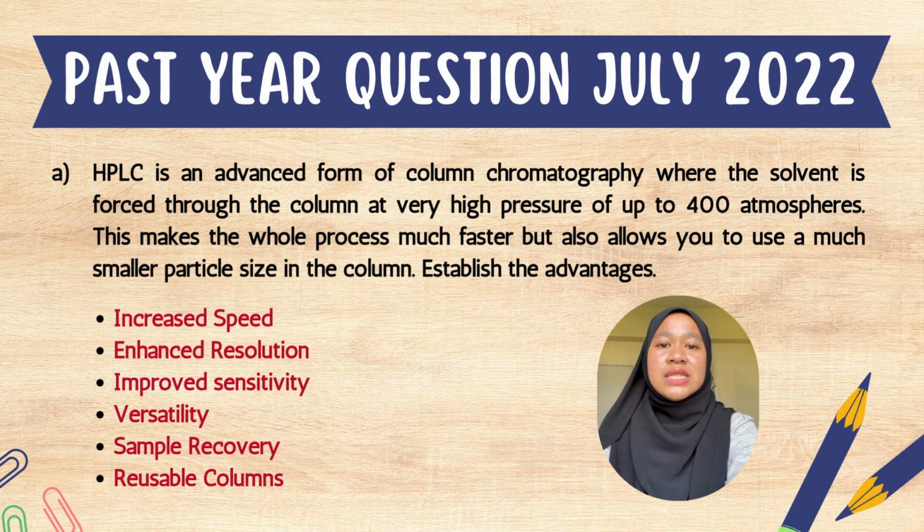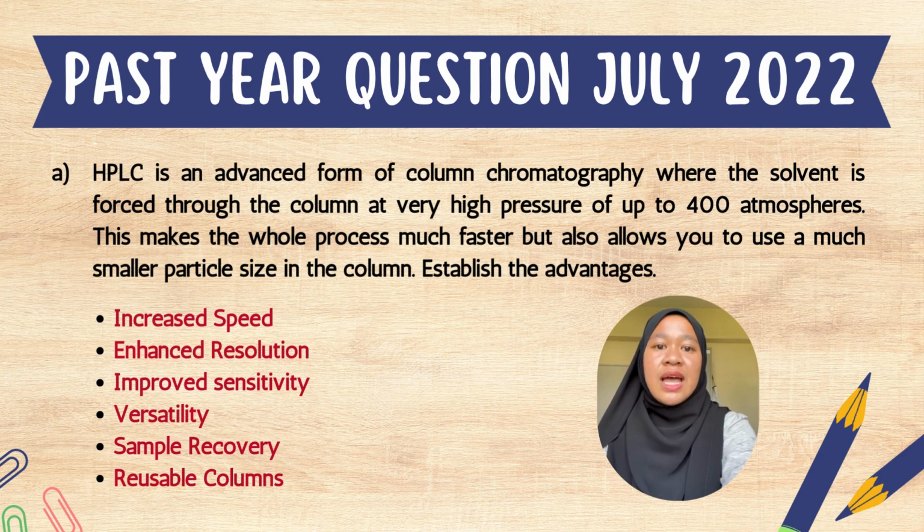The third one is improved sensitivity. HPLC systems can be equipped with various detectors that offer greater sensitivity in detecting and quantifying analytes. This is particularly beneficial when analyzing trace amounts of compounds in complex mixtures. Fourth, versatility.